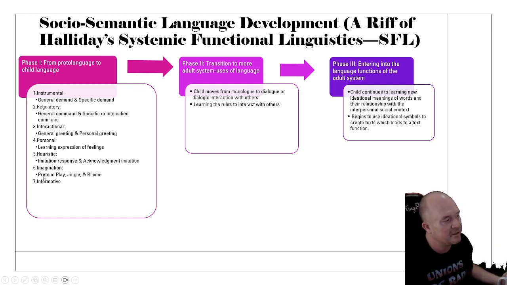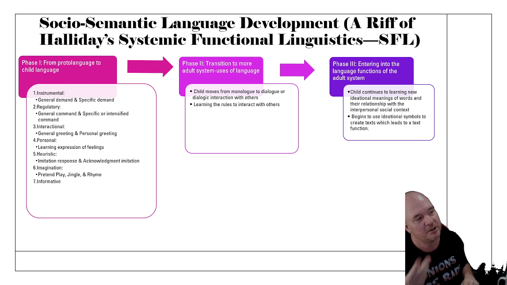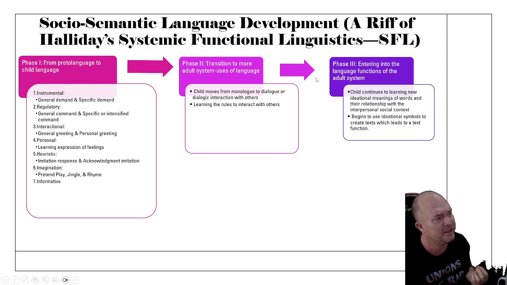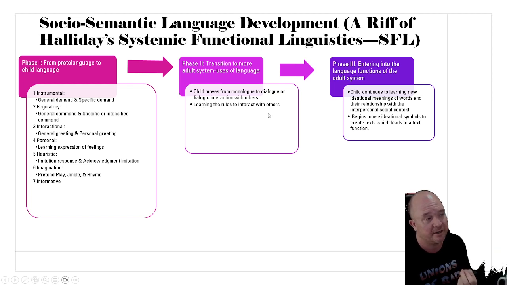And then, once they've got this, they'll start moving into phase 2, which is their transition from that more simplified child language to more of that adult system use of language. So you'll start seeing them moving away from just monologuing to themselves, having conversations with themselves, to dialogue with other human beings, or dialogic interaction with others. And then also learning the rules of how to interact with others.